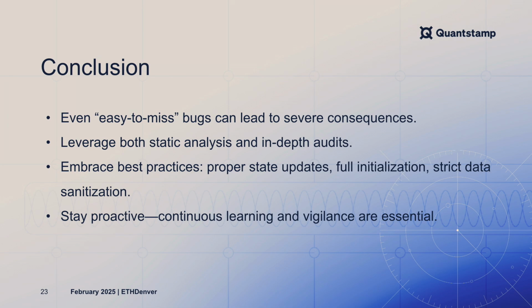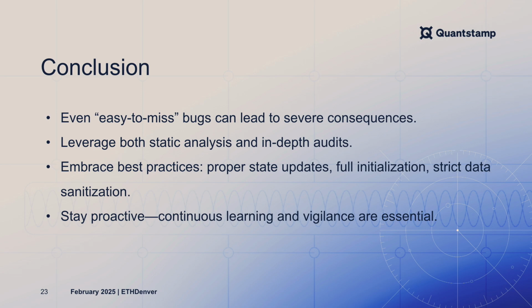So in conclusion, even our easy to miss bugs can lead to severe consequences. Lean on static analysis, in-depth audits, manual line review, and any automatic tooling during the audit process itself. Then generally embrace best practices for Solidity smart contracts, such as proper state updates and full initialization.